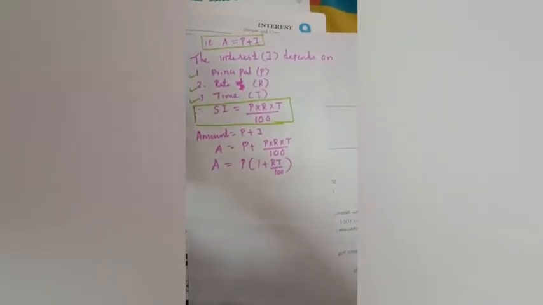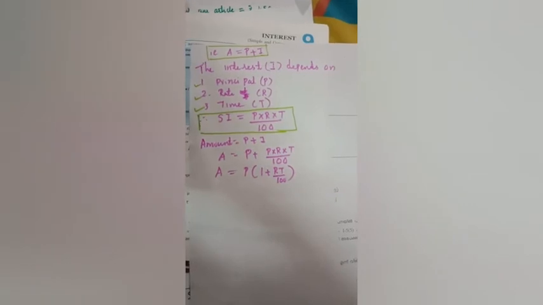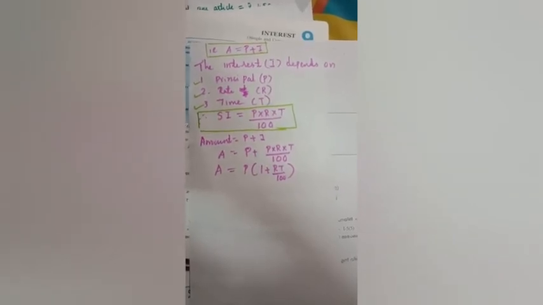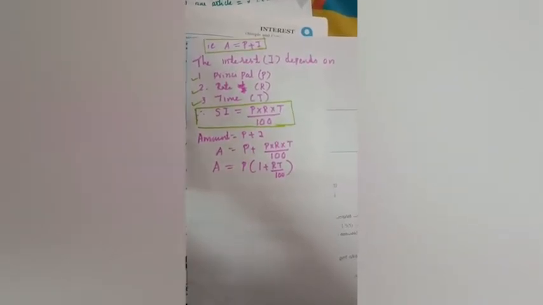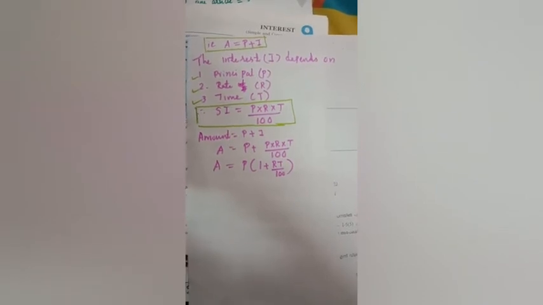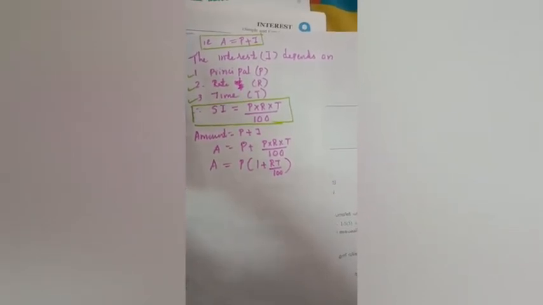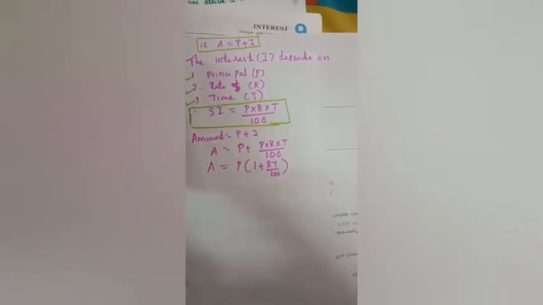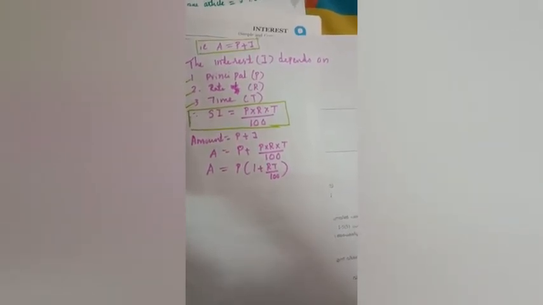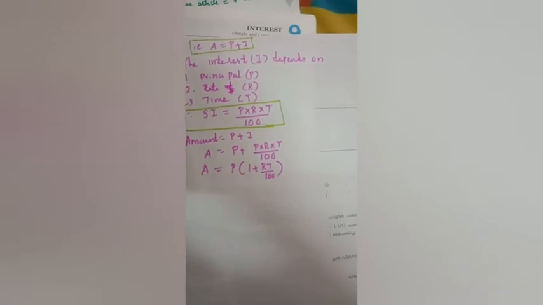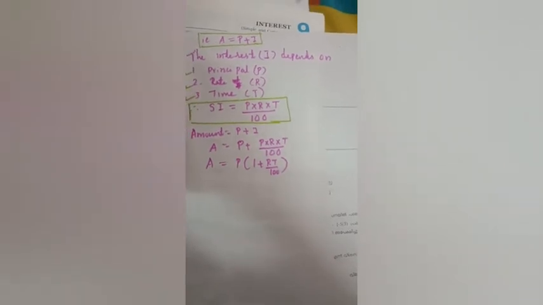Otherwise you have to make a pocket book and write all the formulas that you learned this year, in each and every chapter. Chapters 8 and 9 have many formulas: how to find CP when SP is given, how to find SP when CP is given, how to find profit, loss, discount, like that.